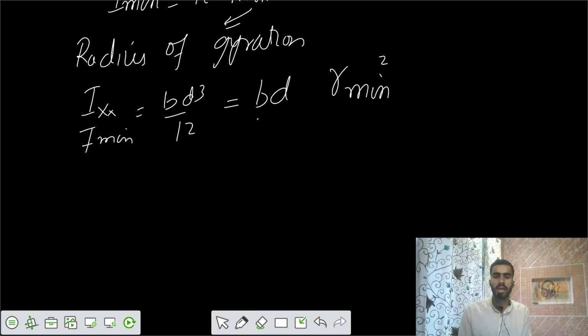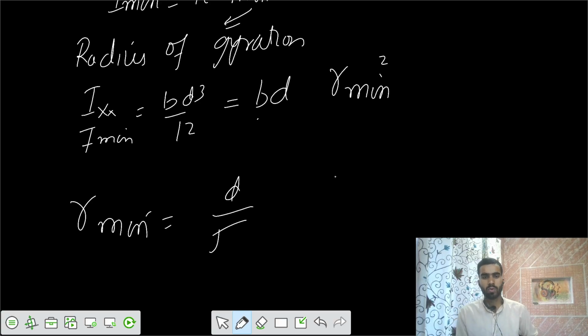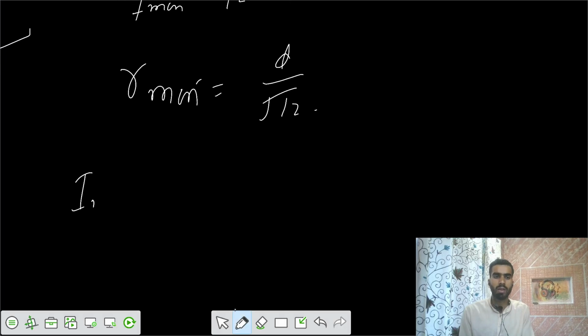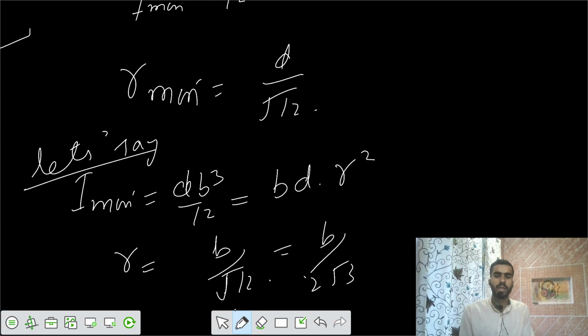If I substitute, we get r minimum equals d by root 12, that is d by 2 root 3. Similarly, on the other side, if the I minimum was along the y-axis, equal to d B cube by 12, and I equate it with area times r square, then r would be equal to b by root 12, that is b by 2 root 3.